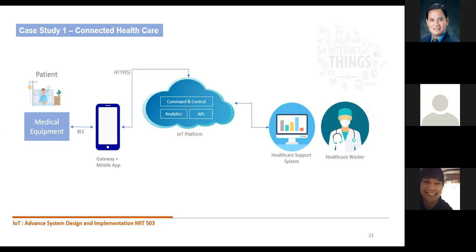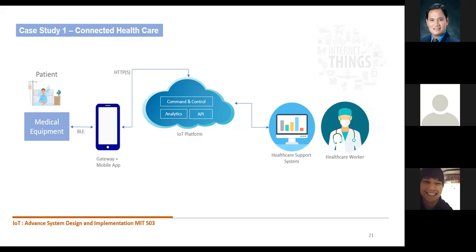Then it gives the data to the IoT platform, which performs analytics, command and control, and API, which the healthcare support system can see by means of API. The healthcare support system is what the healthcare worker monitors in order to find what the present status of the patient is.